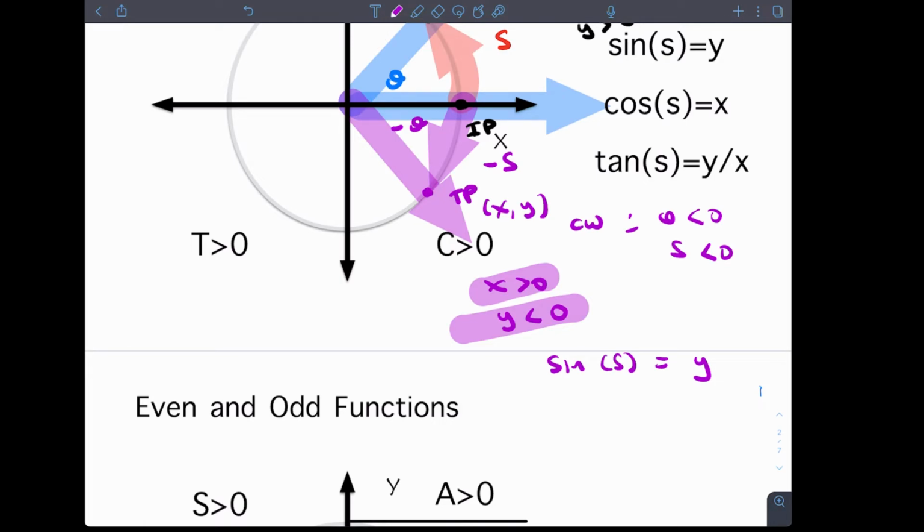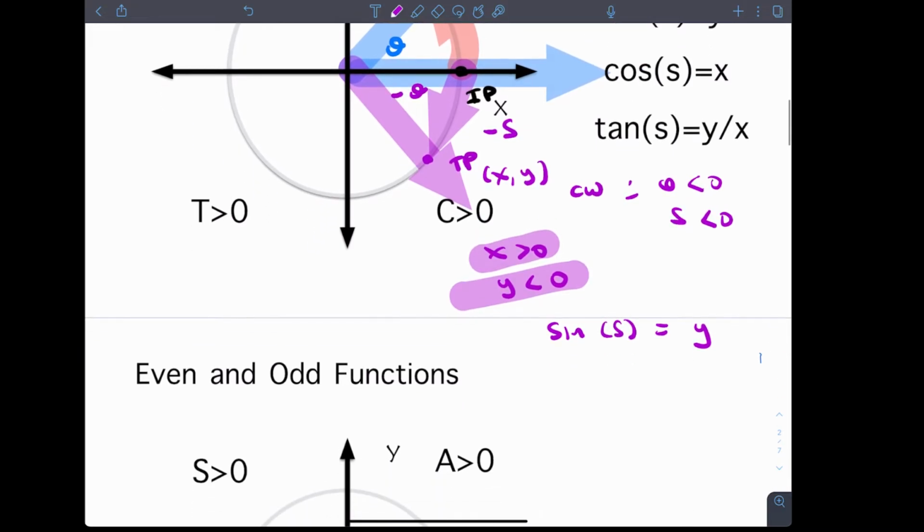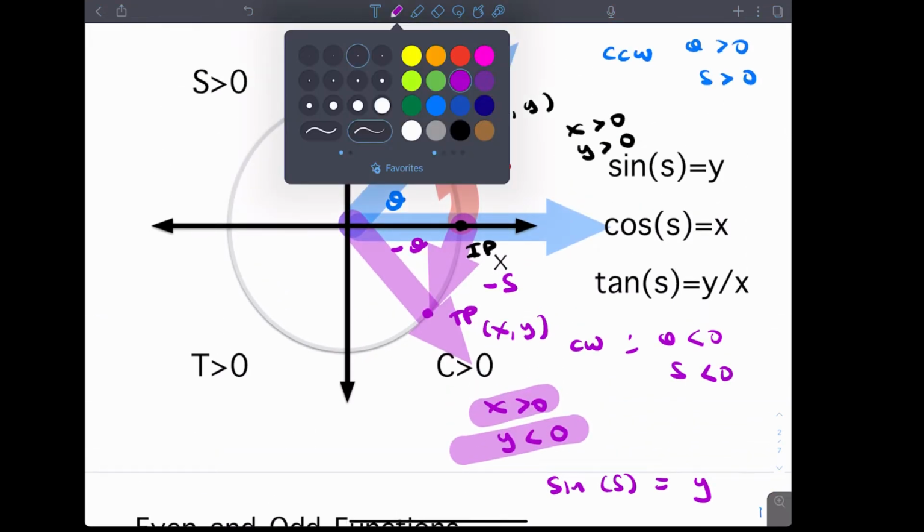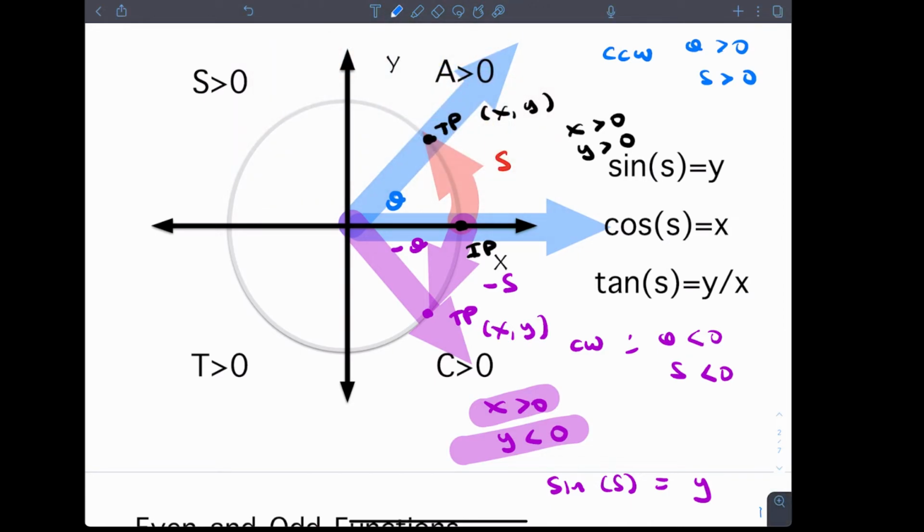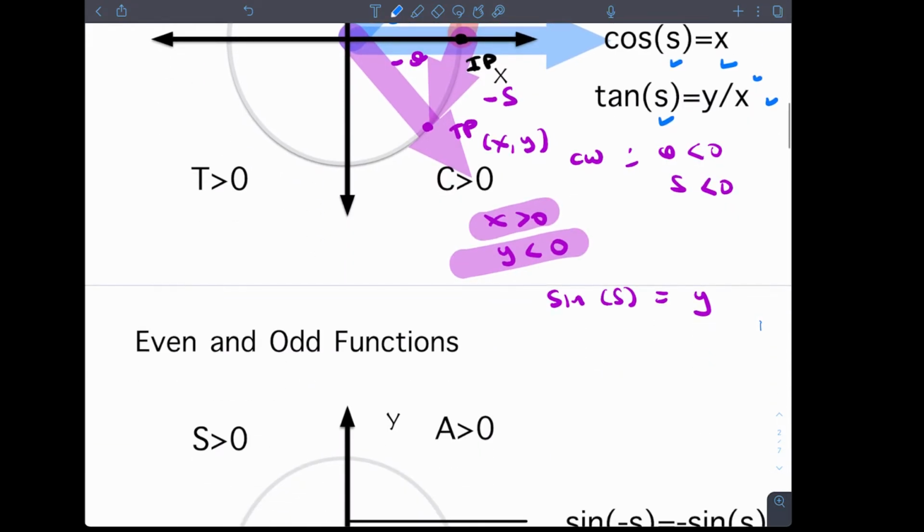You guys okay with that? So you might say, well, what's the deal here then? Well, let's go back here. We have these circular functions. Sine S is defined to be the Y coordinate. Cosine is X. Tangent is Y over X.